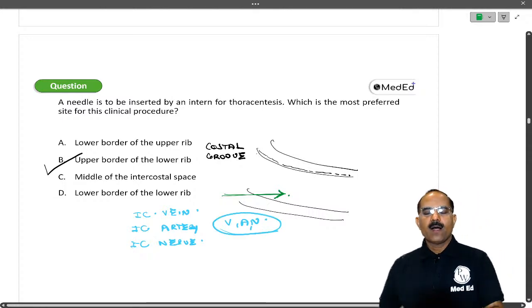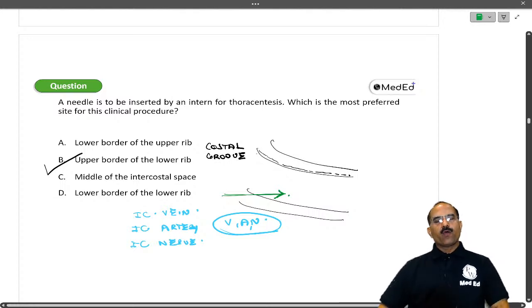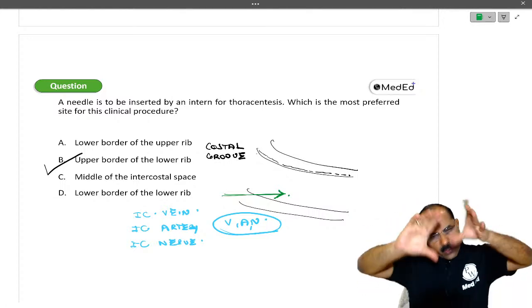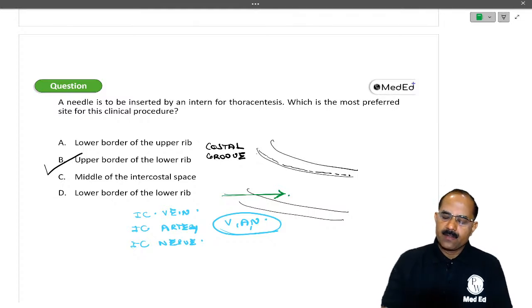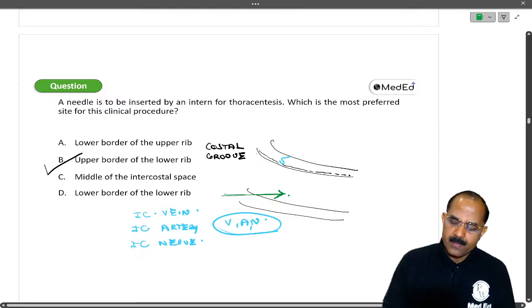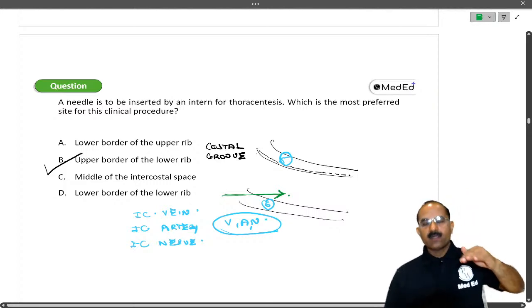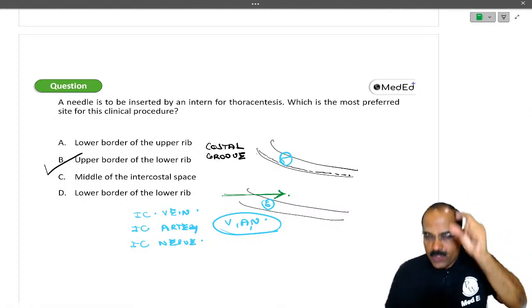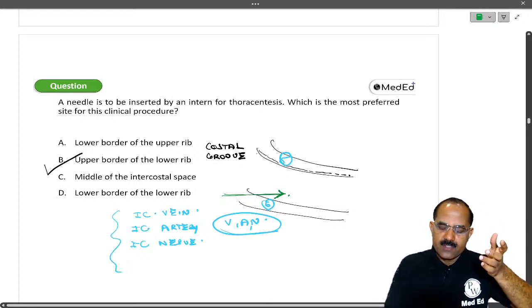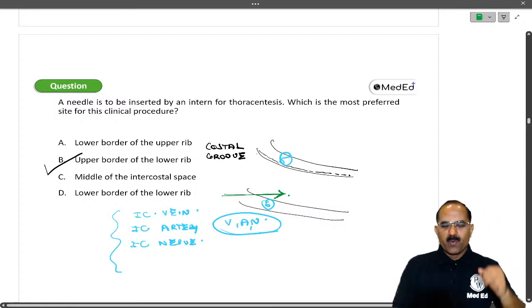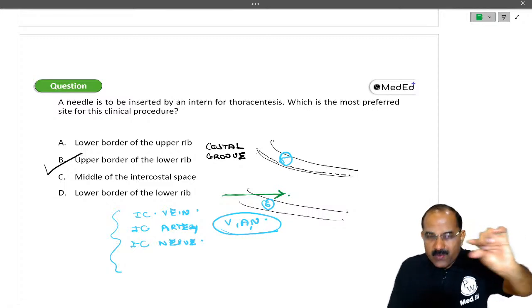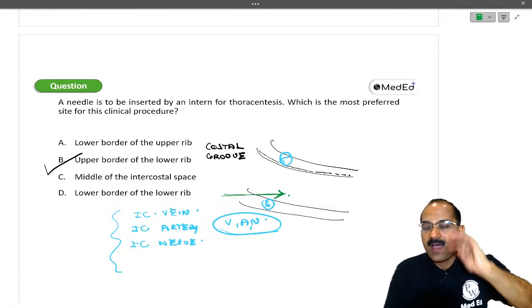Okay. Upper border of the lower rib. Yes, we always put the needle in the upper border. मतलब ये number 5 rib है, ये number 6 rib है, suppose. So we put the needle in the upper border of the lower rib to prevent injury to these structures here. Because what is lying along the lower border of the upper rib, वहाँ पे costal groove होती है, and costal groove के अंदर क्या होता है?